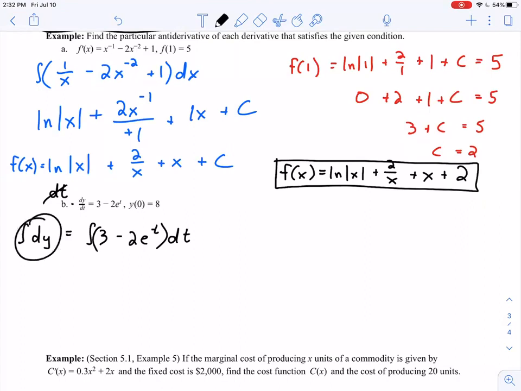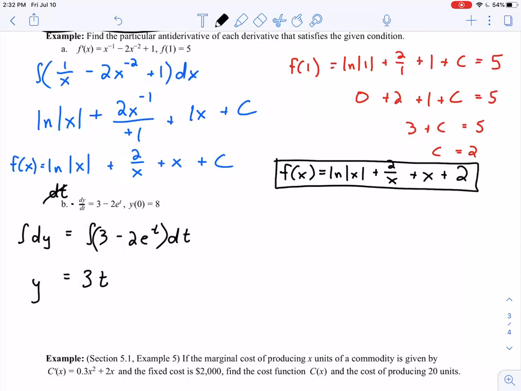Again, I'm integrating with respect to y, so this would be y equals, on the right-hand side, well, first I integrate 3, that's just a constant, so that's going to pick up a factor of t, so 3t, and then the antiderivative of negative 2e to the t.